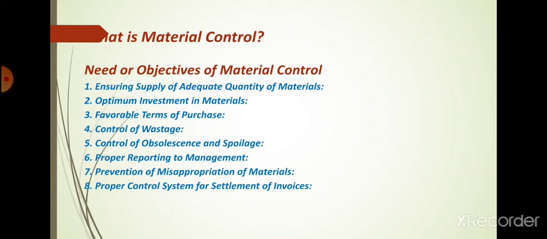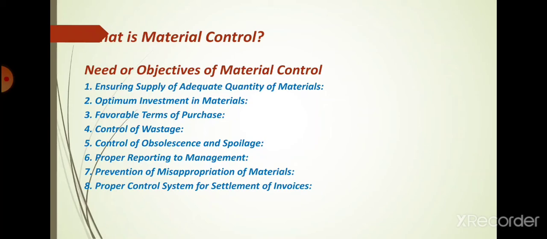The first one is ensuring supply of adequate quantity of materials. Sufficient quantity of material should be made available for all the activities and departments in the organization so that uninterrupted production can be carried on and work does not stop due to non-availability of materials.